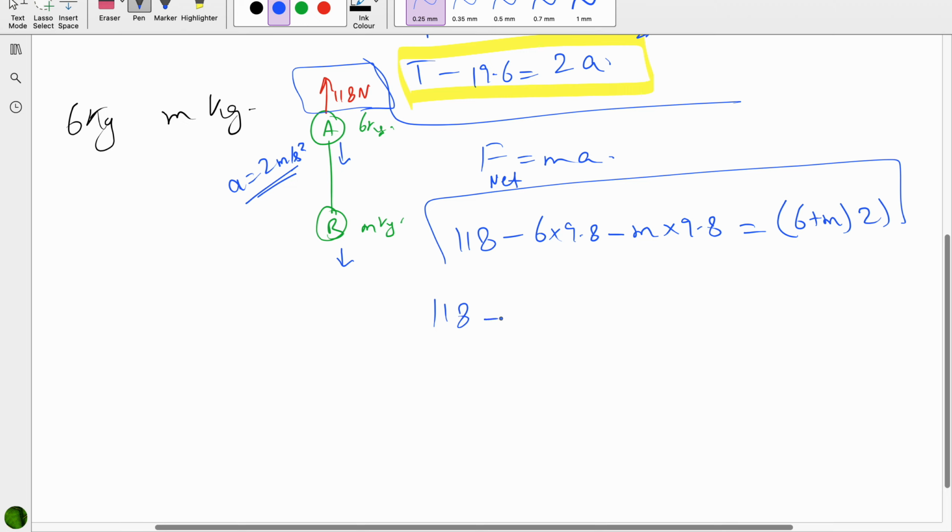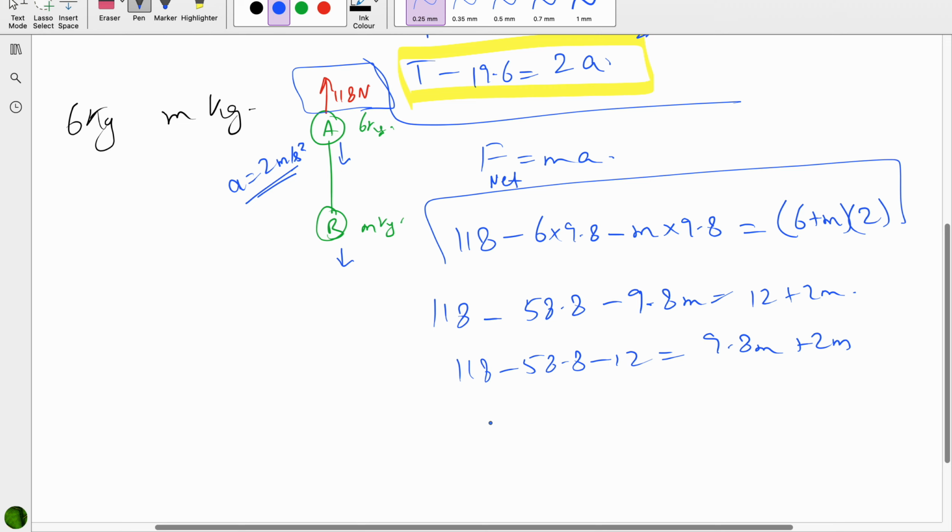So 118 minus 6 into 9.8 is 58.8, minus 9.8 m, and on the other side 6 2 times is 12 plus 2m. Now we rearrange: 118 minus 58.8 minus 12 is equal to 9.8 m plus 2m.